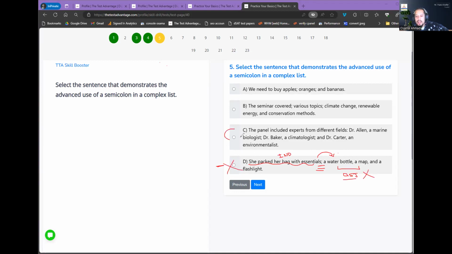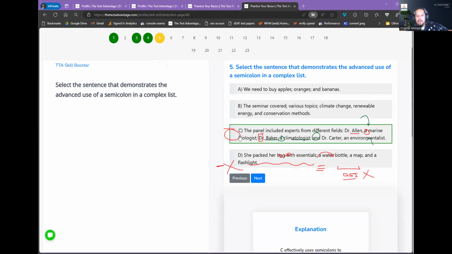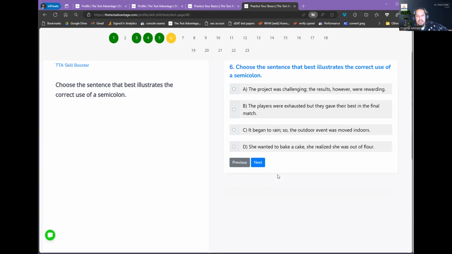A complex list is like answer C. Dr. Allen, comma, a marine biologist, semicolon. Dr. Baker, comma, a climatologist, semicolon. So you see how in the list we have commas. So when you have something like that, that's when we use a semicolon list. Question number 6.